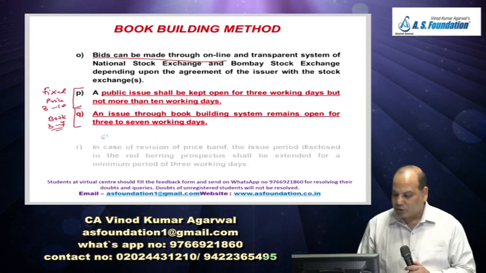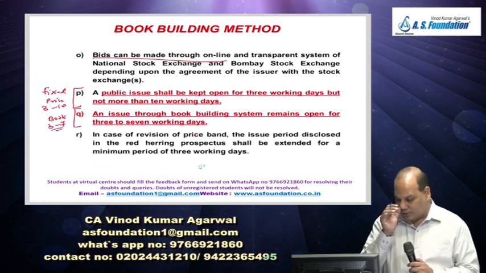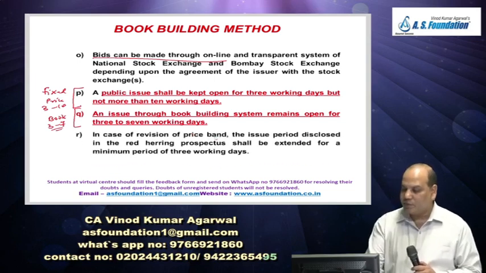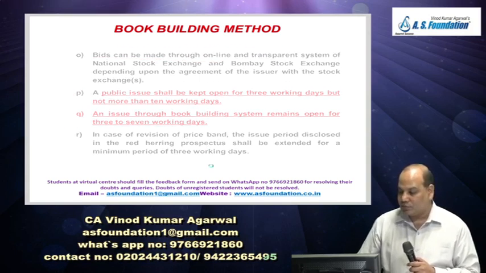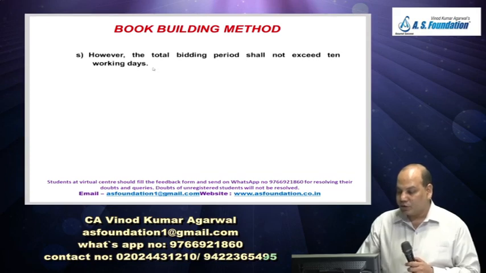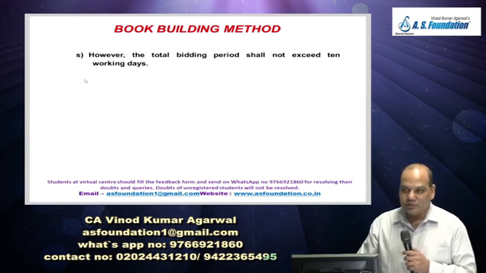But sometimes what they do, they extend it also. For example, if there is a revision of price band, the issue period disclosed in the red herring prospectus shall be extended for a minimum period of 3 working days. Sometimes this period can be revised to 3 more days. However, the total bidding period shall not exceed 10 working days.